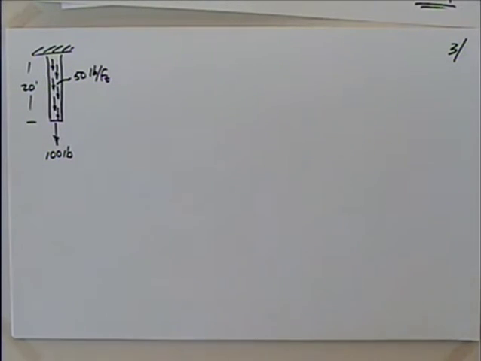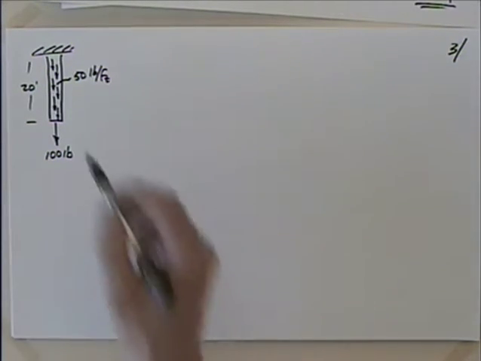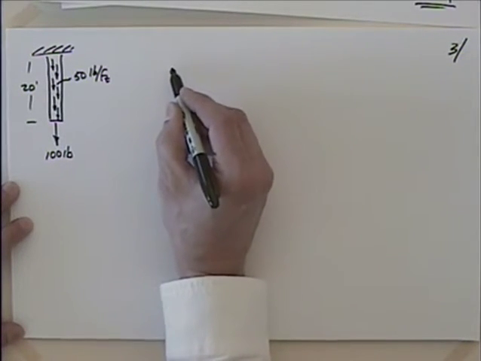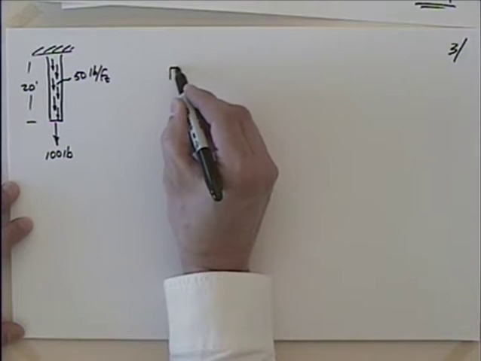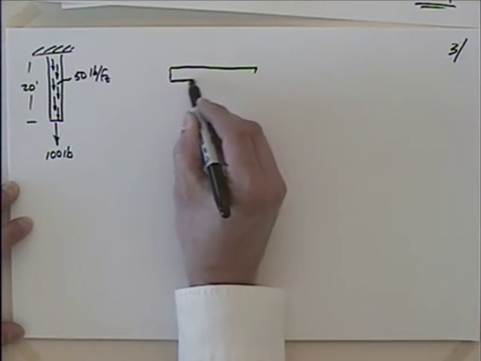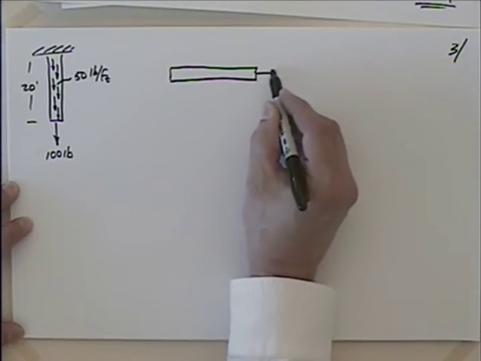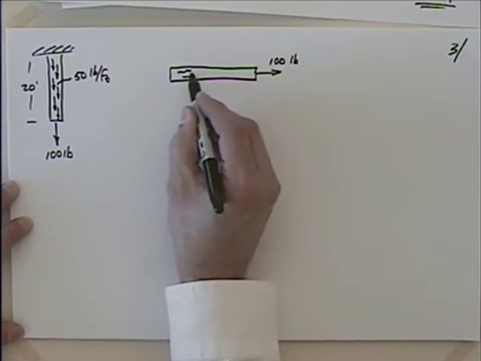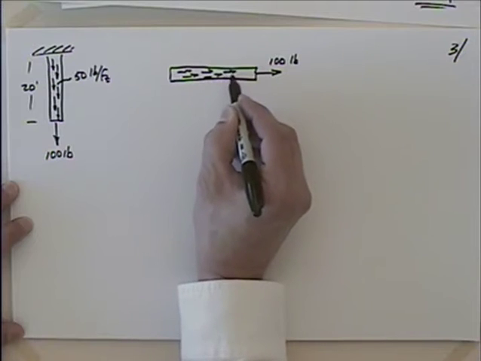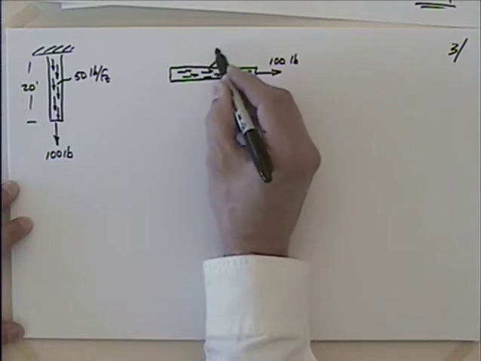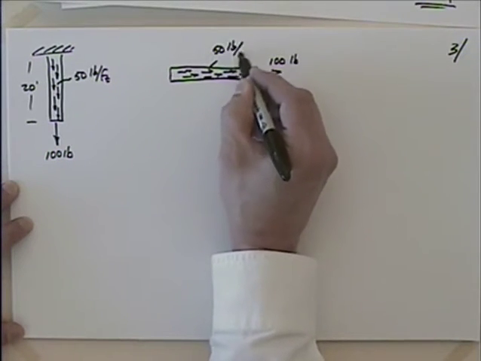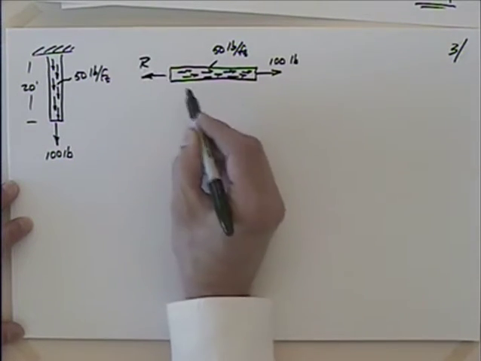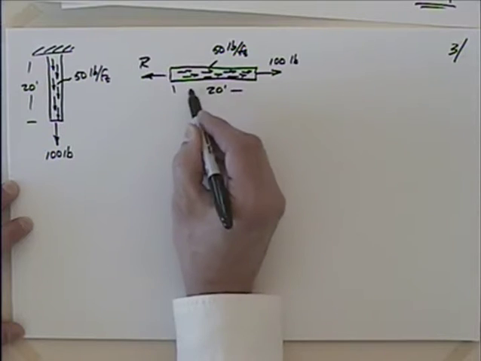Well, I tend to always draw these diagrams in the horizontal, so even though this might be a gravity load, I think I will rotate this thing as I go through this process. So if I rotate this, I'm going to have 100 pounds here, and I'm going to have this 50 pounds per foot. And I'm going to have this reaction there, and we know that this is 20 feet.